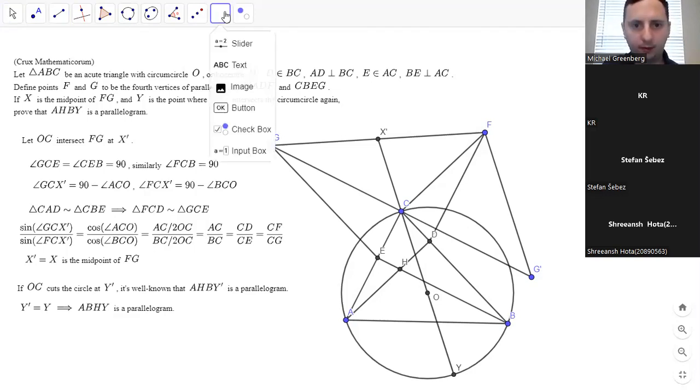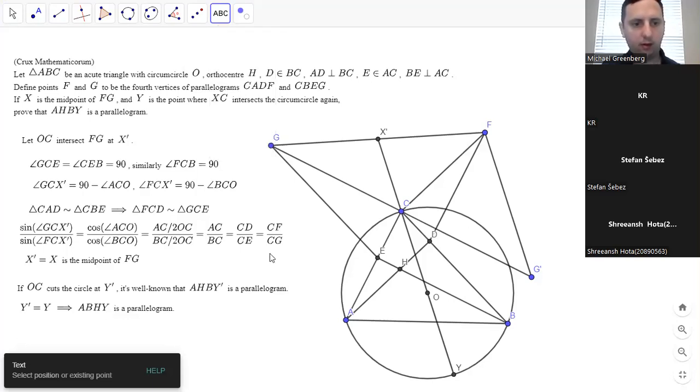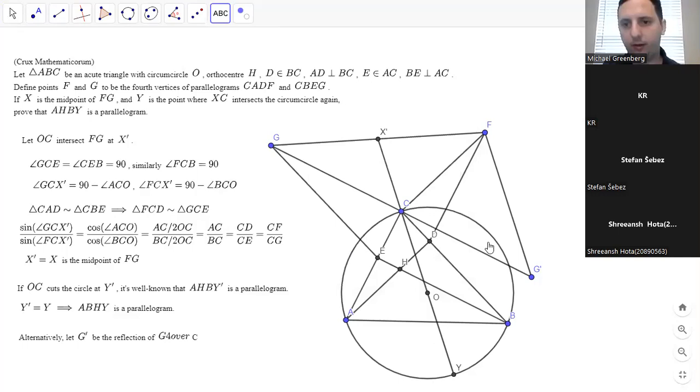I'll say alternatively, let G prime be the reflection of G over C. And then we have triangle FCG prime is congruent to CAB.